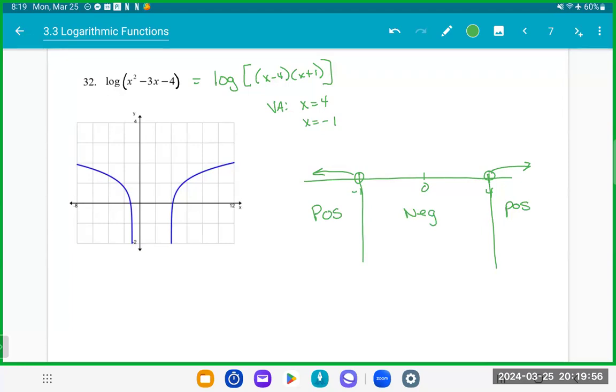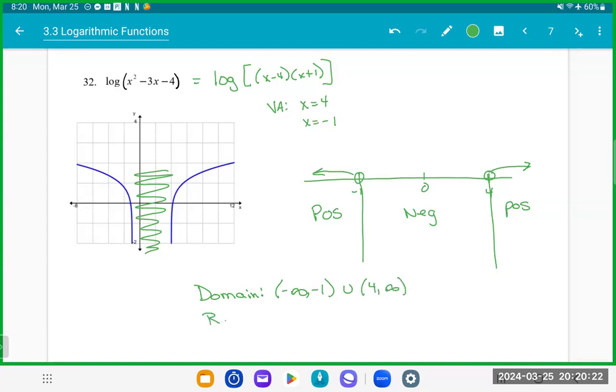Okay, so we can see that our x cannot take on these values here, right? So our domain in interval notation is going to be from -infinity to -1, and then again from 4 to positive infinity.